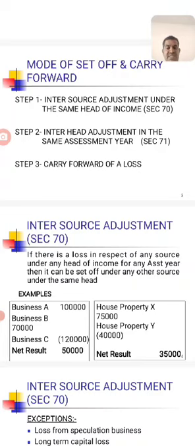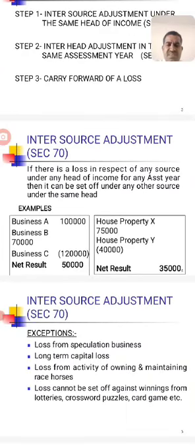If there is a loss in respect of any source under any head of income for any assessment year, then it can be set off against any other source under the same head. It's called inter-source adjustment. For example, business A has a profit of 1 lakh rupees, business B 70,000 rupees, and business C has a loss of 1 lakh 20,000 rupees.